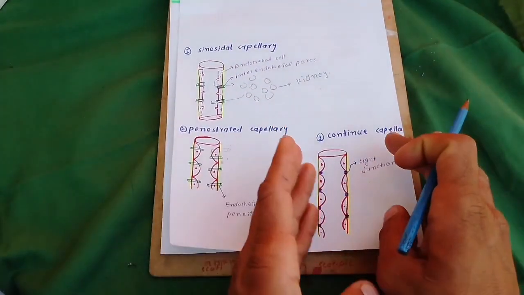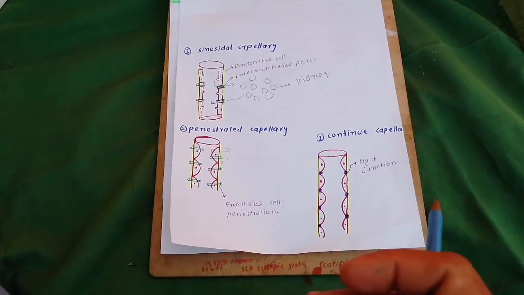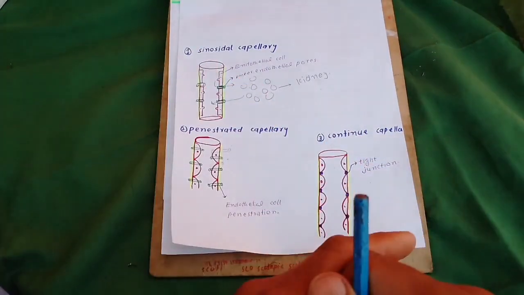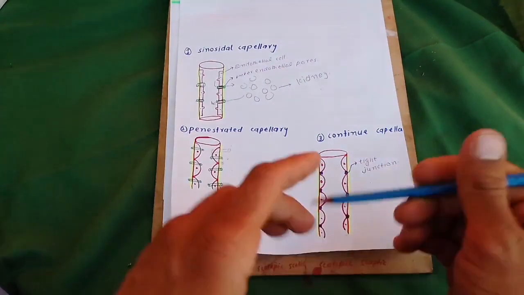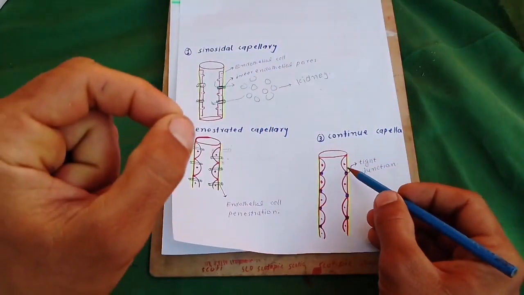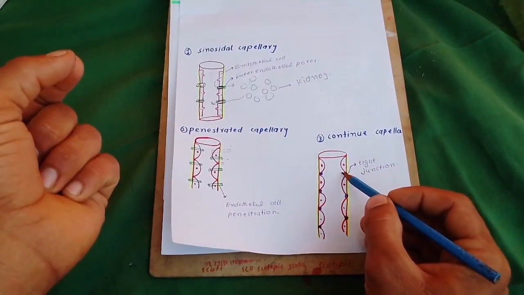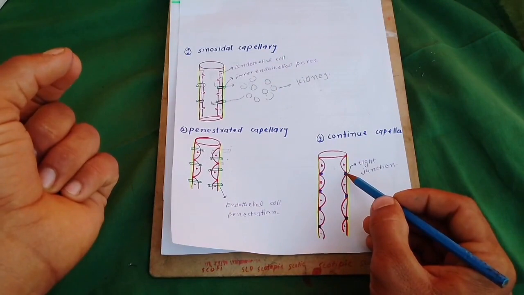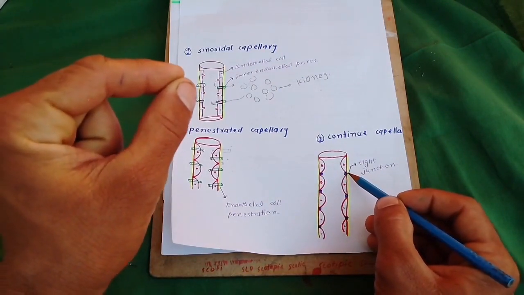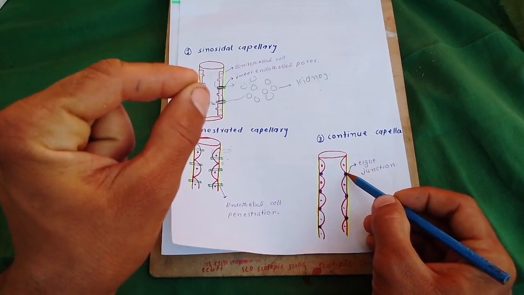But this is the continuous capillary. What is meant by continuous capillary? Continuous capillaries are the capillaries which have a continuous protection. This capillary does not have inter-endothelial pores because between the endothelial cells, the pore is filled by a protein.